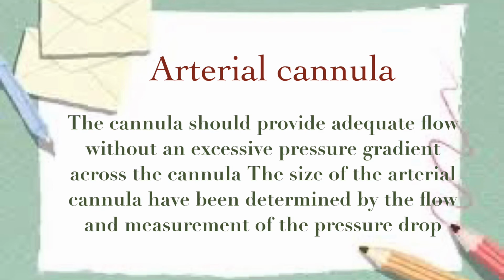Arterial cannula. The cannula should provide adequate flow without an excessive pressure gradient across the cannula. The size of the arterial cannula is determined by the flow and measurement of pressure drop.